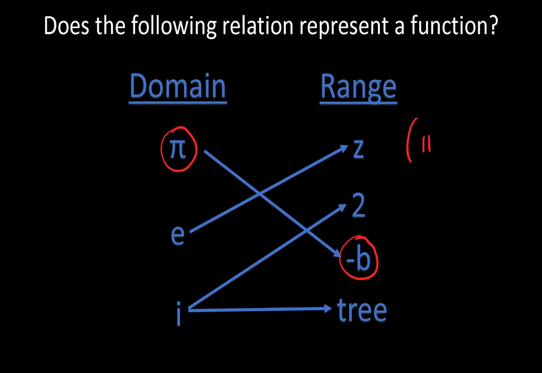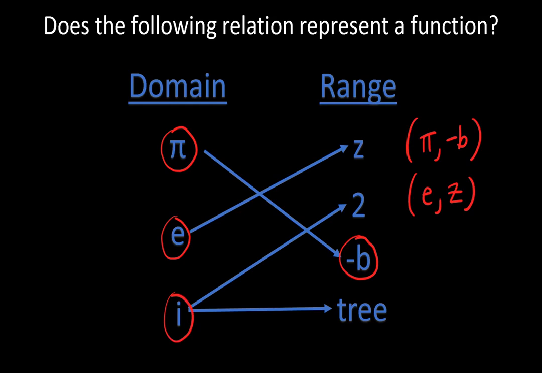So that gives us the ordered pair pi, -b. The next element from the domain that I see is e, and I see that e is paired with z from the range. That would give us the ordered pair e, z.